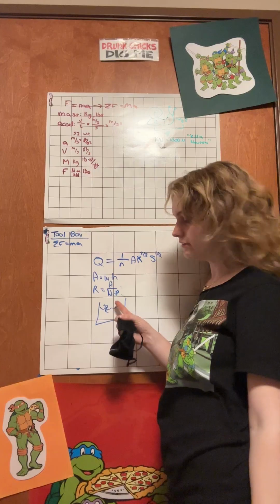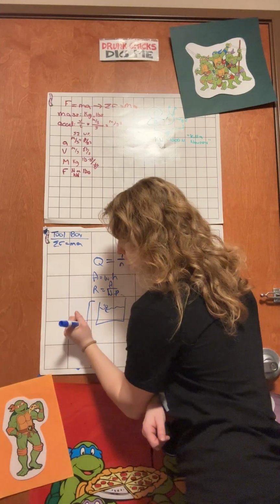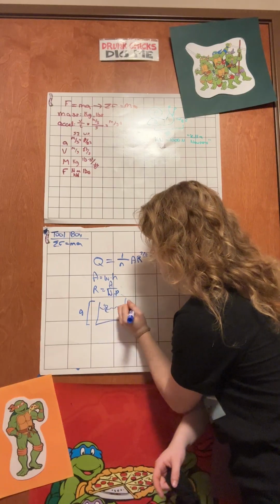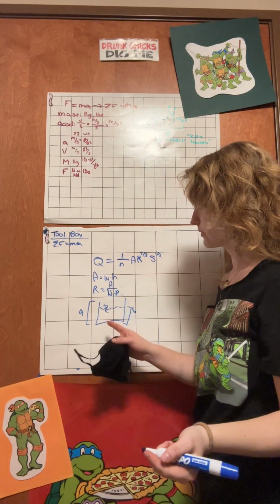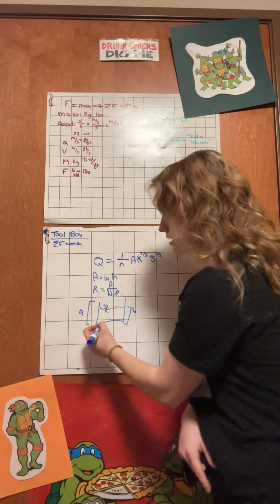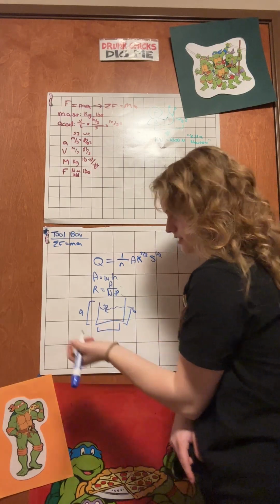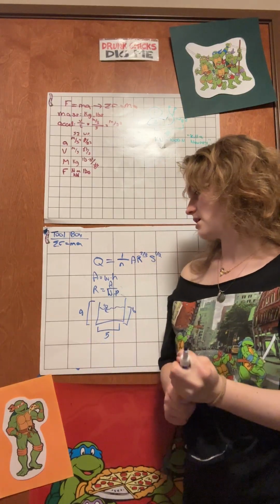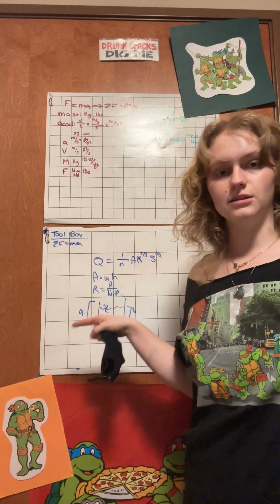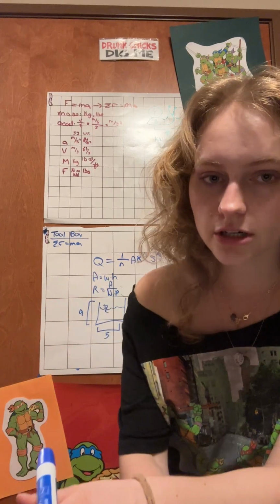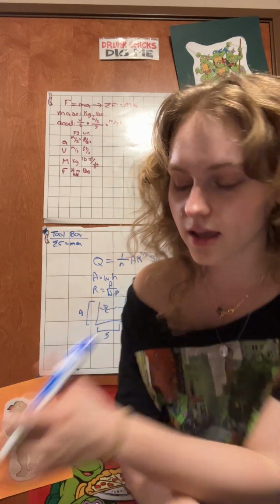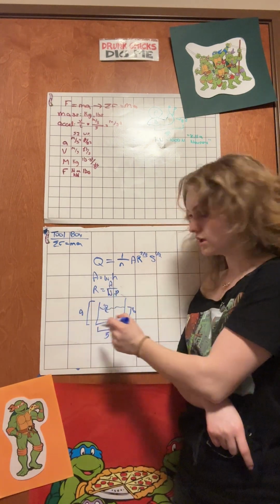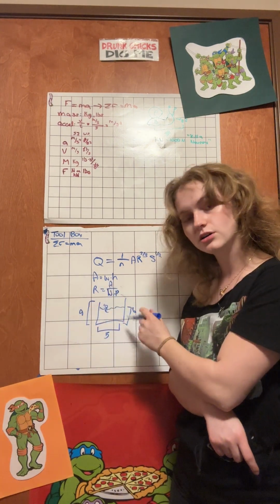If it's not fully at the top, say this channel is 9 feet deep, but the water is only 6 feet deep, and the width is, let's say, 5. The wetted perimeter is the perimeter that the water is touching.